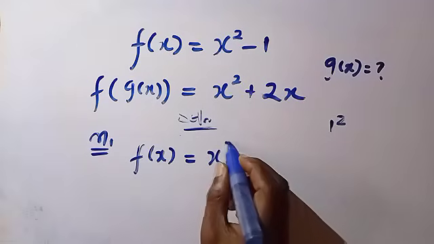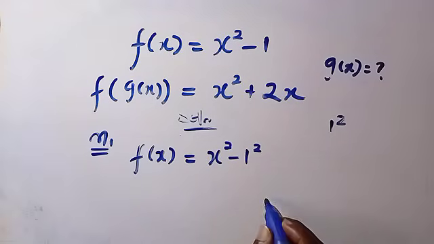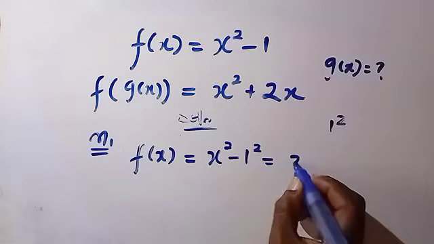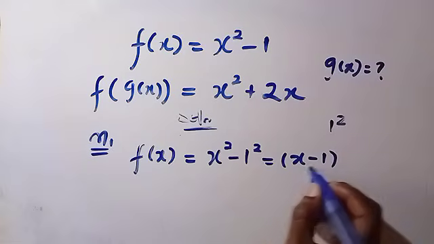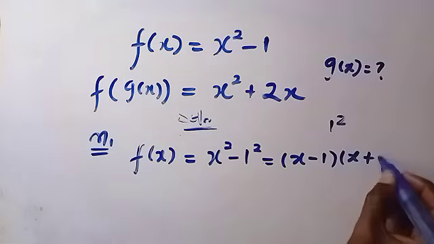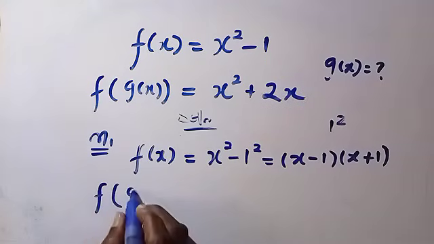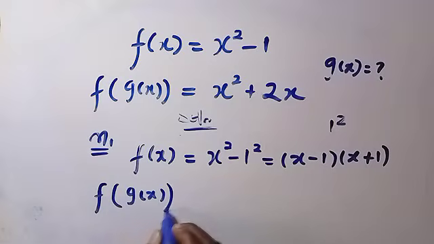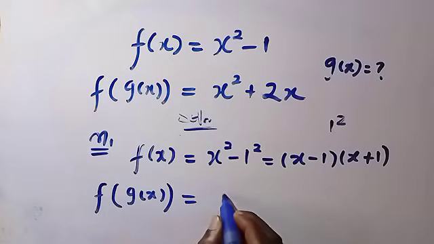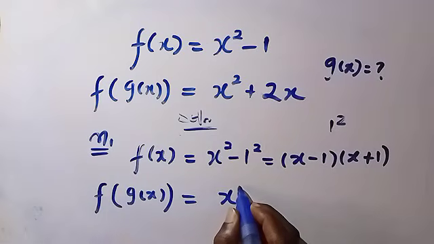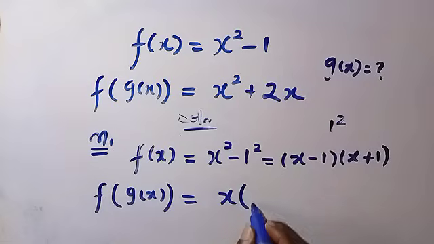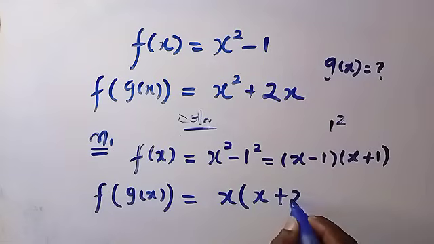So having x squared minus 1 squared, this gives us x minus 1 multiplied by x plus 1. And again, for the composite f of g of x, taking out x, we have x plus 2.